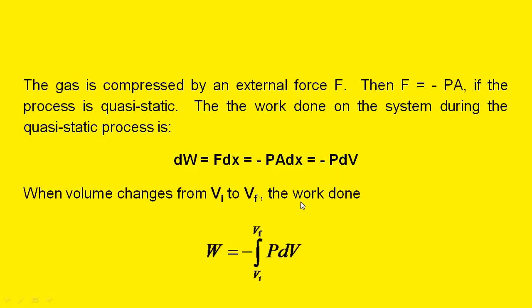So A into dx you write as dV. So dW equals minus P dV. And when the volume changes from an initial volume Vi to a final volume Vf, you can write the work done as W equals minus the integral from Vi to Vf of P dV.